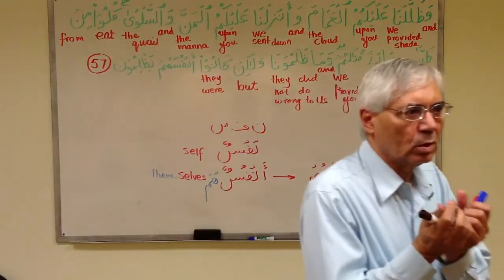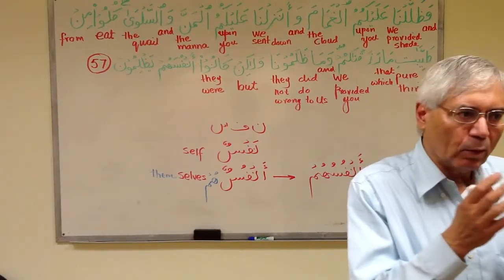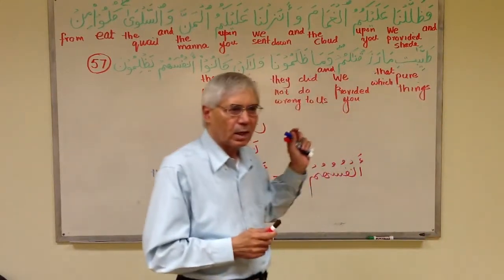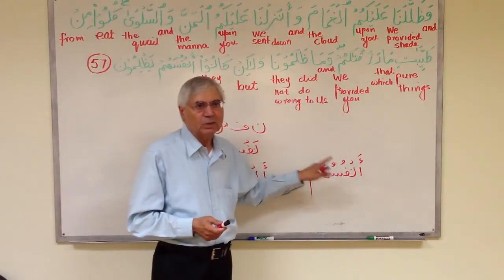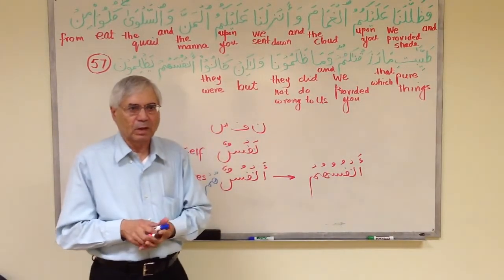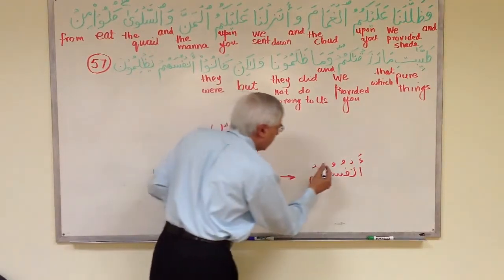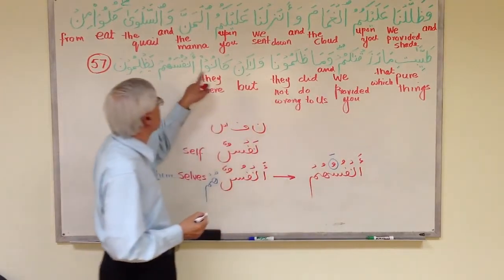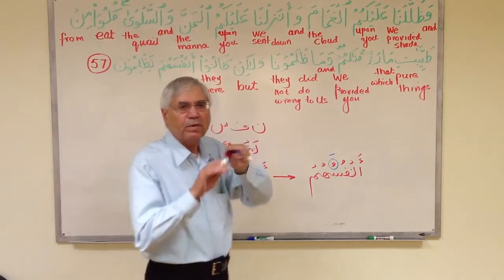Nafs, nafsun, a soul, is a noun. Okay, we just learned that. When we have a verb before the noun, khalaqal insana, then the dhamma on the noun changes to a fatah. Insano becomes insana. So, anfuso will become anfusa because of this kan. This is a verb here. This is a very standard rule.